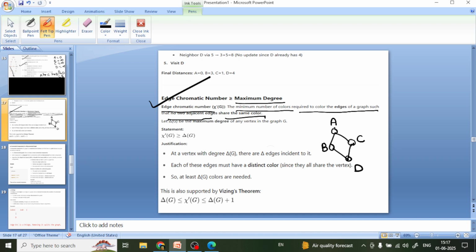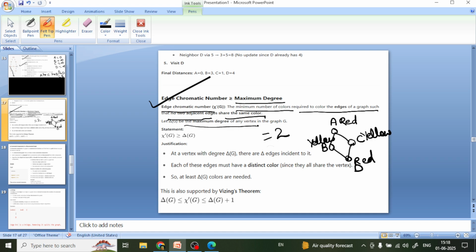It means if we take a red color, then B or C cannot take red color, but D can take red color. If B takes a yellow color, then A or D cannot take yellow color, but C can take yellow color because B, C are not adjacent. So that's why the chromatic number will be equal to 2.